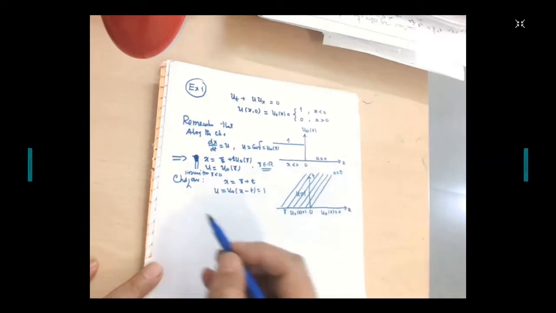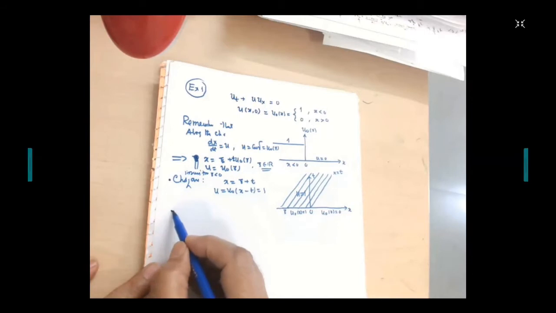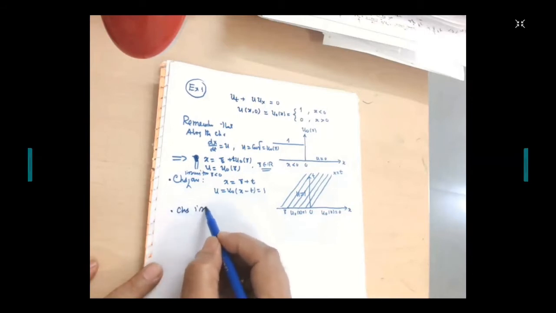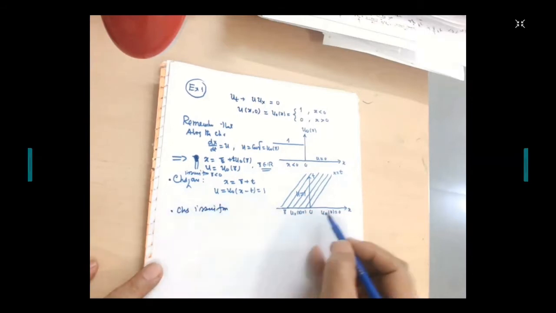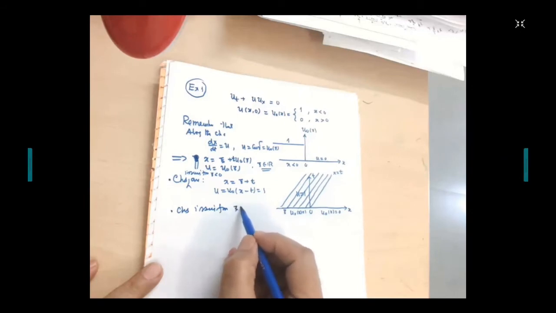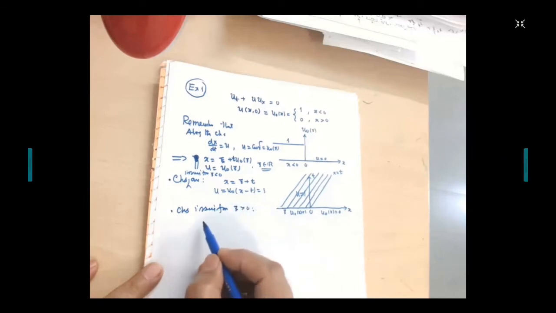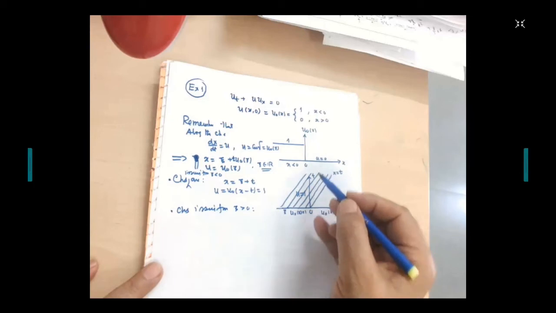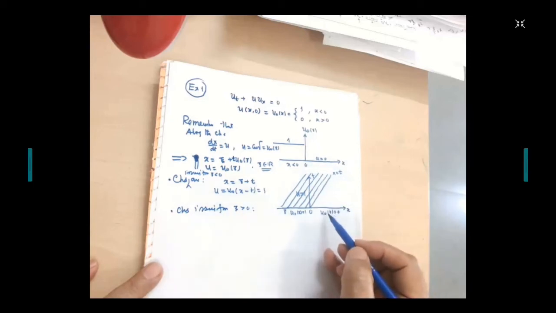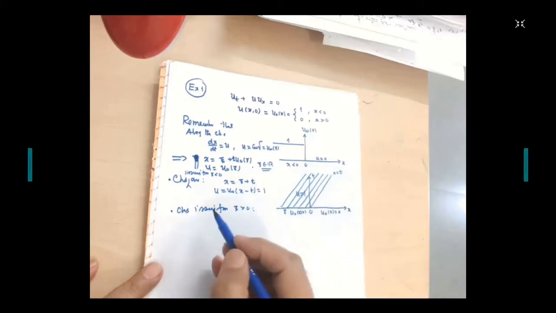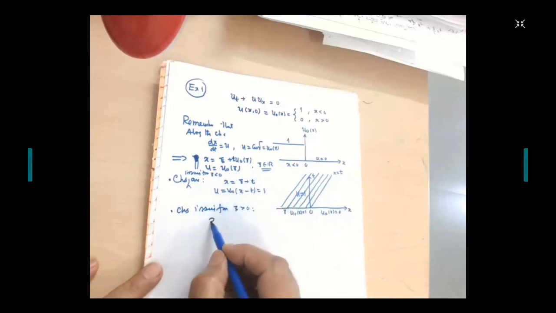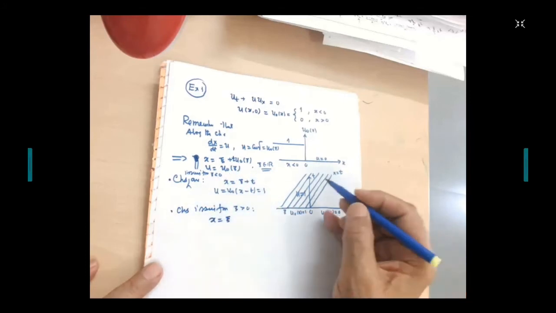What happens to the characteristics issuing from this part of the real line, that is xi greater than 0? They are the vertical lines, x equal to xi.